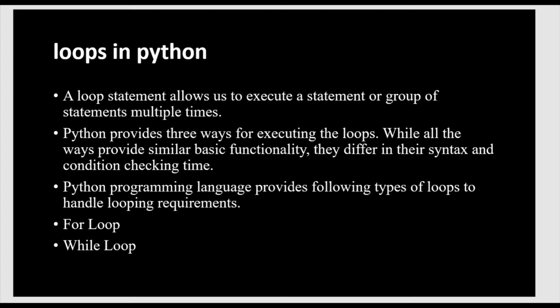So Python provides 3 ways of executing loops; all the ways provide similar basic functionalities. They are different in the syntax and the condition checking time. The Python programming language provides the following types of loops to handle looping requirements: for loop and while loop. So let's move on and discuss for loop and while loop.